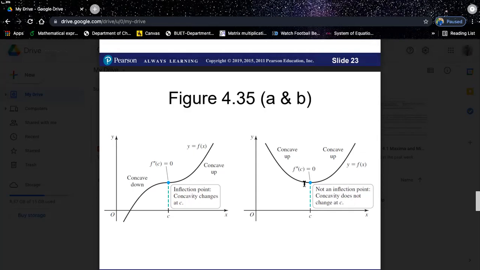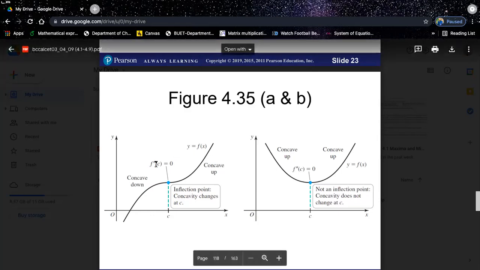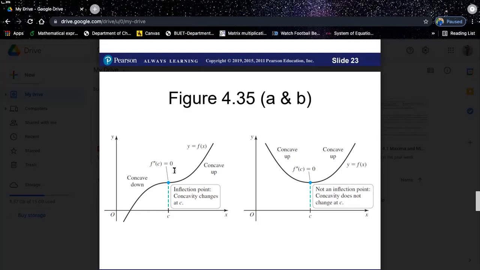So what is the algebraic approach for this? For finding inflection points, we just replicate what we did for critical points and upgrade it one step higher. That means we just set the second derivative to 0 and solve it.